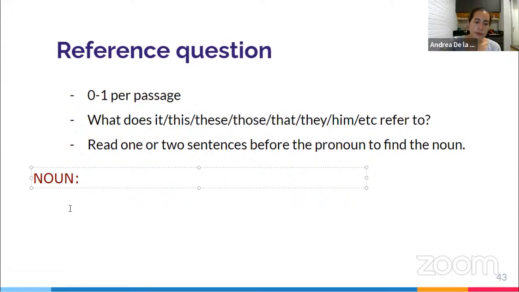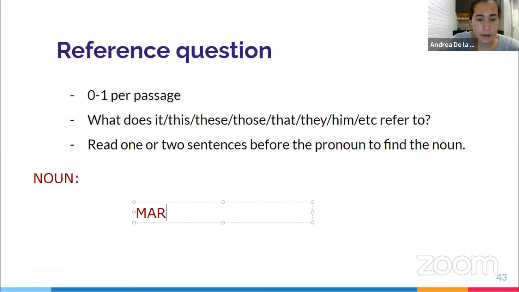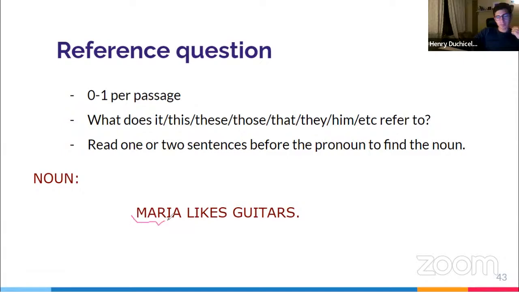Like, for example, if I say, Maria likes guitars. Okay? In this case, what is the subject of the sentence? Maria. Maria, great. Because we're talking about Maria.